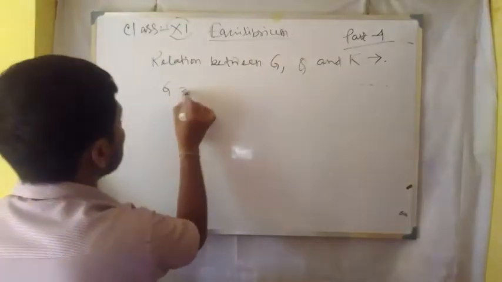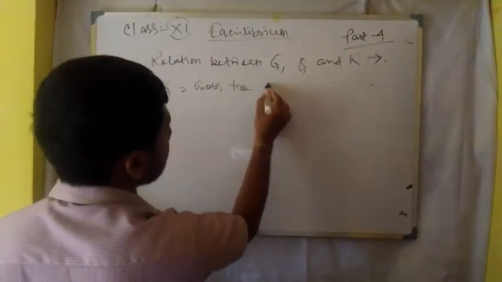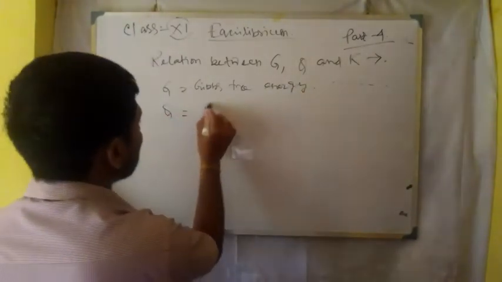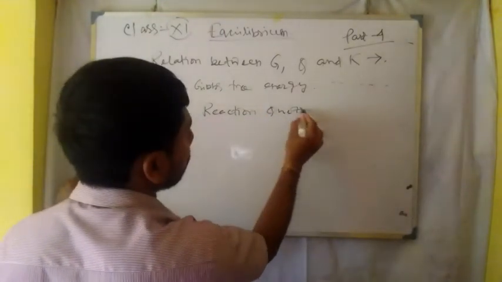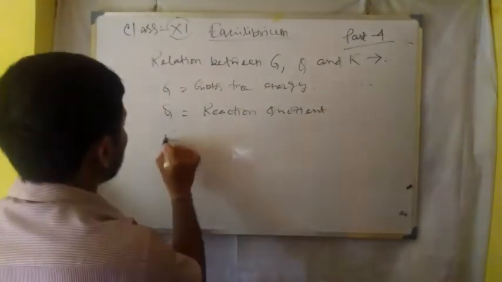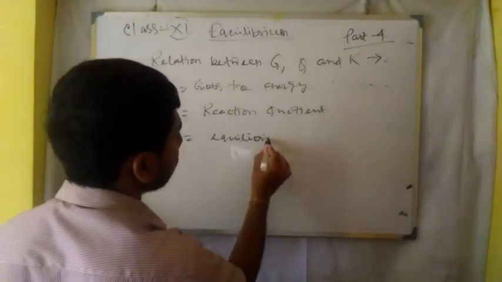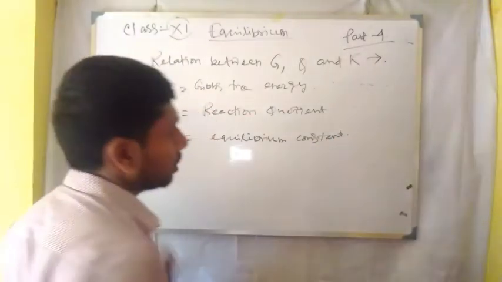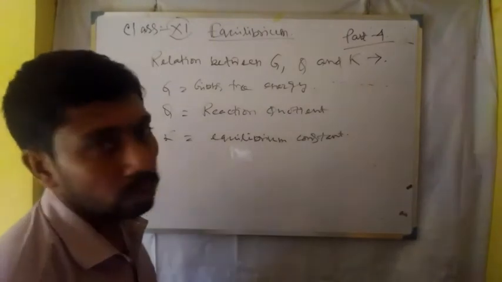Now what is G? G is the Gibbs free energy. What is Q? Q is the reaction quotient. And what is K? K is the equilibrium constant. Right? So these are the three quantities, that is G, Q and K.